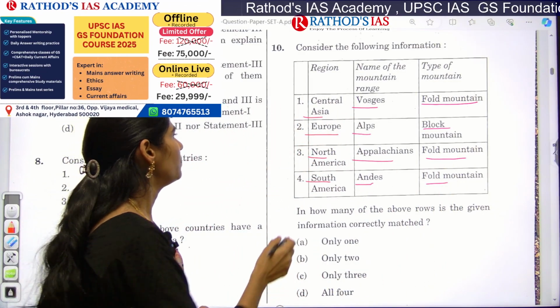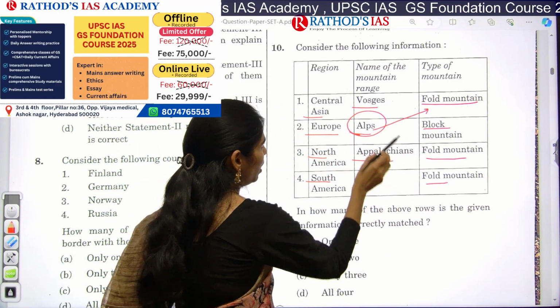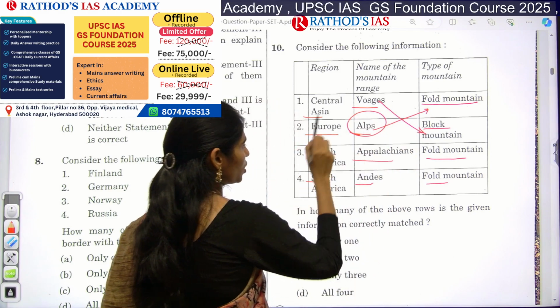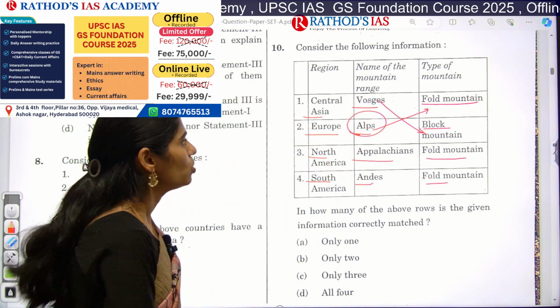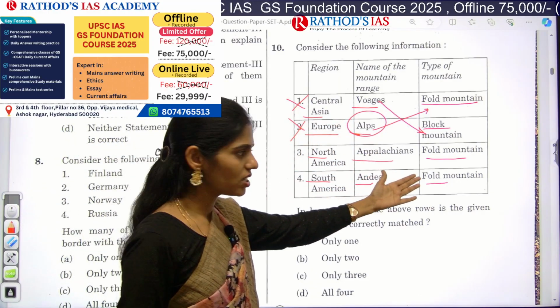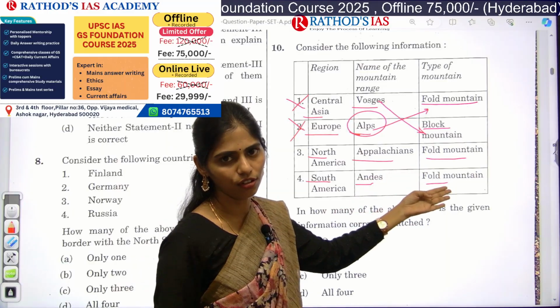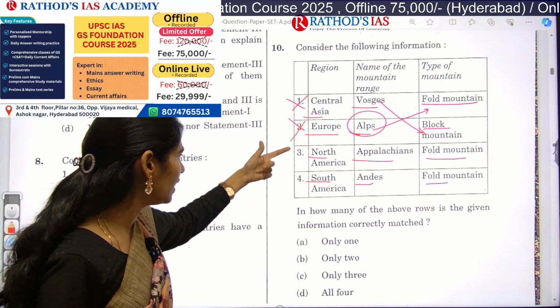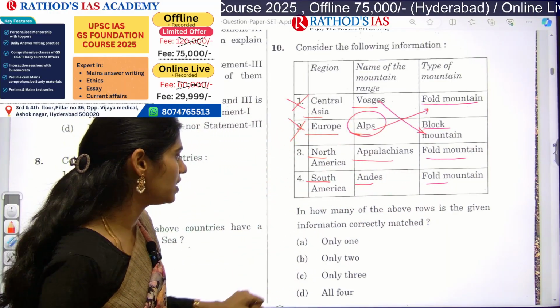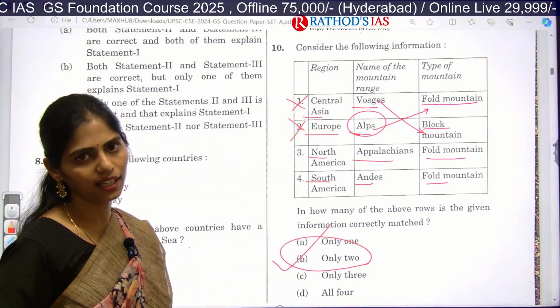So actually the Alps is a folded mountain, and Wasatch is a block mountain. So these two are interchanged, so these two are incorrect pairs. In North America we have the Appalachians, the folded mountains, and in South America we have the Andes, which are folded mountains. So only 3 and 4 are correct. So the correct option is only 2 pairs are correct. So option B is the correct answer.